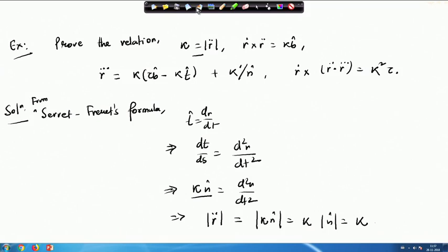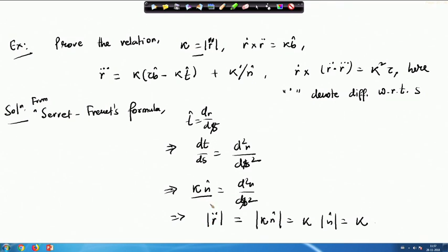Here I just forgot to mention that the dots denote differentiation with respect to s, not with respect to t.